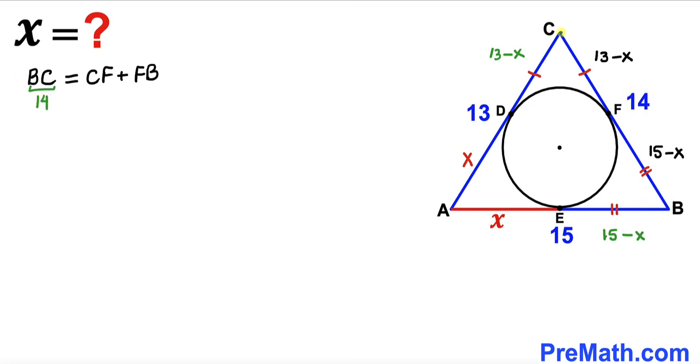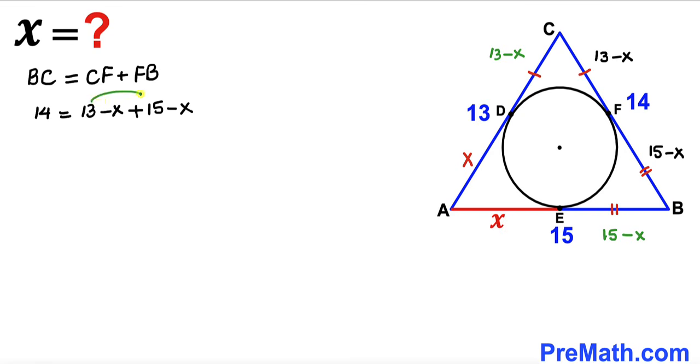We know CF is 13 minus X, so I'm going to replace that by 13 minus X. And finally, FB is 15 minus X, so I'm going to replace that part by 15 minus X. Therefore this equation becomes 14 equals 13 minus X plus 15 minus X.